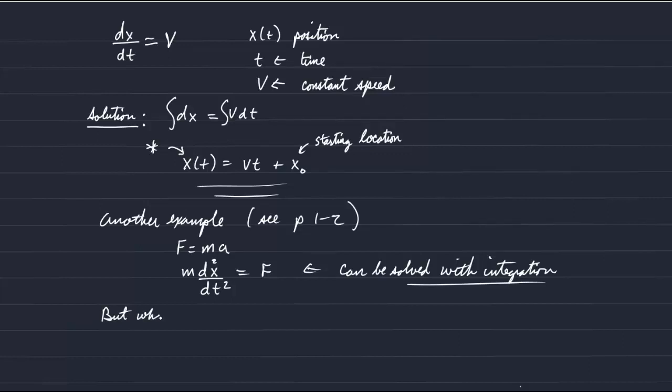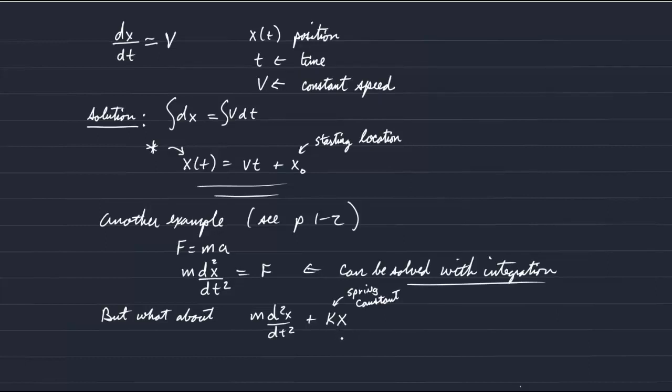But what about the following? Suppose we have our mass and our acceleration, and then suppose we have an additional term, and in chapter 1 this is a mass on a spring, where this is the spring constant, which describes, well, this term is the force.